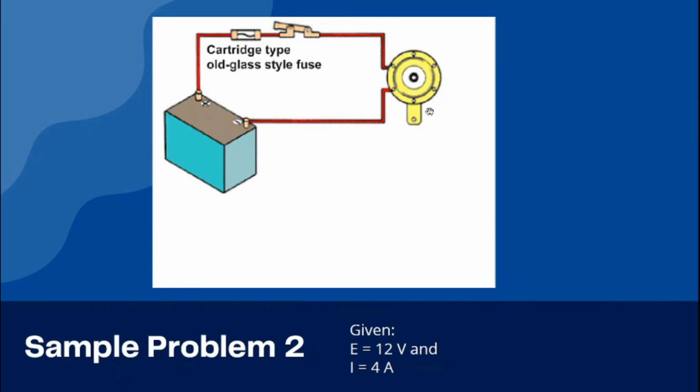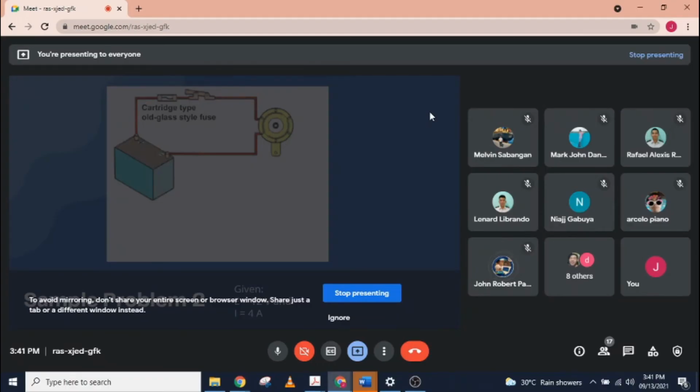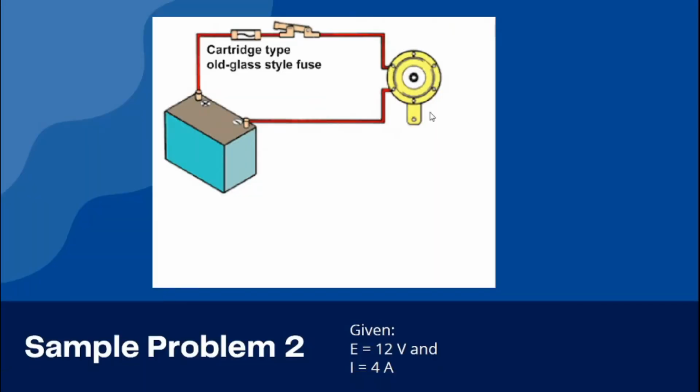Ammeter, sir. Yes, pwede. Ano pa? Clamp. Yun. Current, ha? We are talking of current. Clamp meter, okay. Hindi na tayo maputol sa circuit, can directly measure the current. Okay. So that's for sample problem number 2.